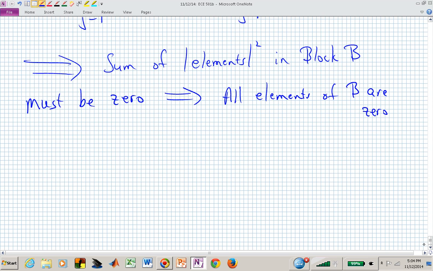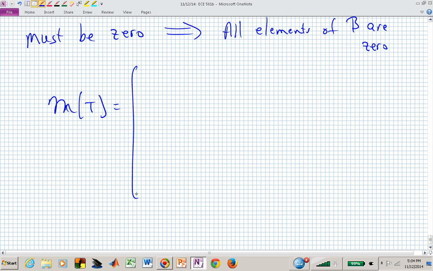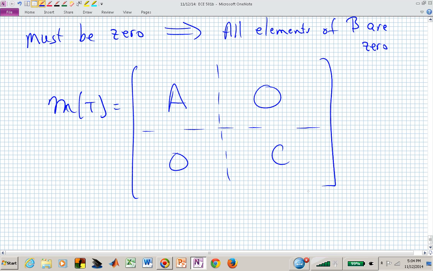And now we actually have a more structured matrix representation of the linear operator T. Now we know that we have A, 0, and this block is 0, and here is a C. So that we now have e1 to em, f1 to fn.